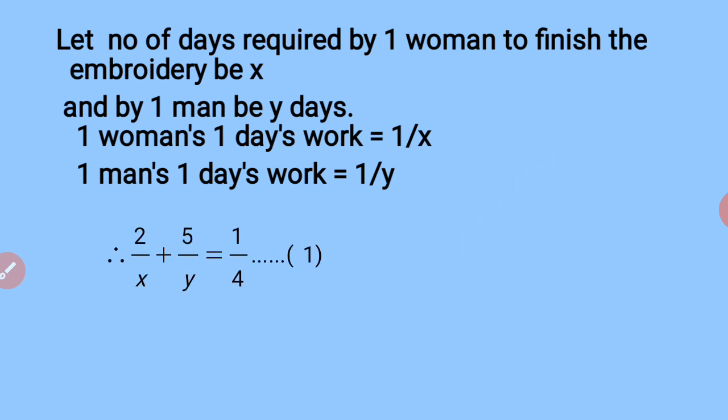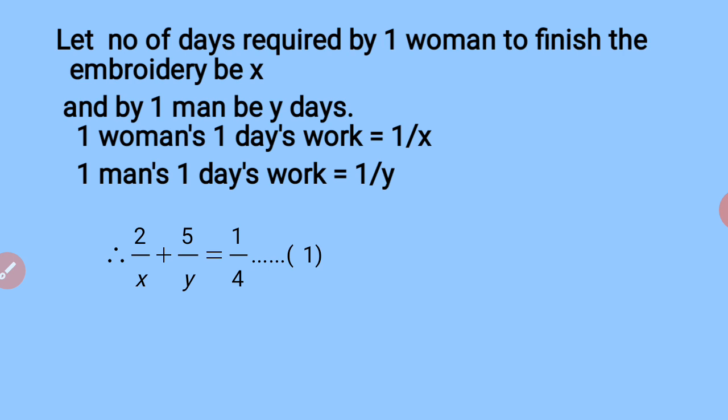Now, the first condition tells you that 2 women were working. So 2 multiplied by 1 by x will be the work of 2 women in a day. Similarly, 5 men were working. So for 1 man it is 1 by y. So for 5 men it will be 5 upon y. And total work in a day will be 2 upon x plus 5 upon y.